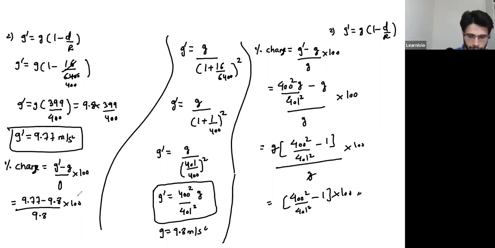It comes out to be minus 0.25%. Yes, Fazil, negative percentage change means that quantity is decreasing. This negative percentage change simply means that your acceleration due to gravity is decreasing in depth.